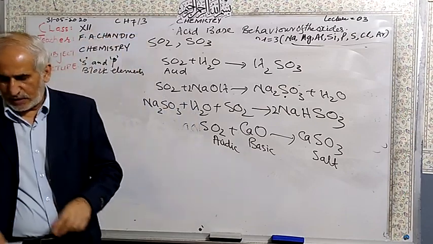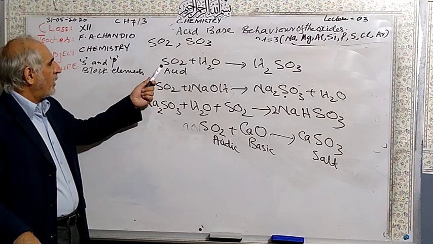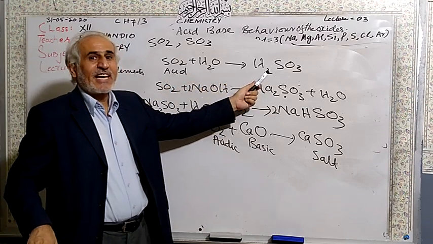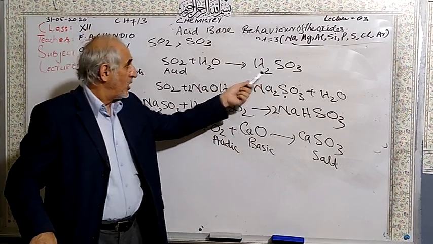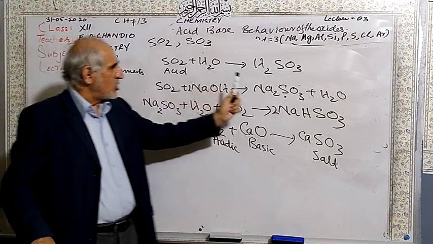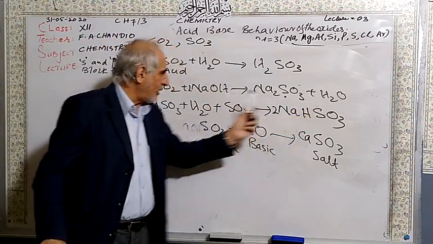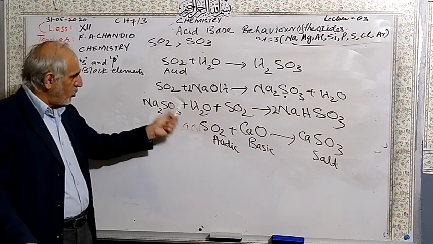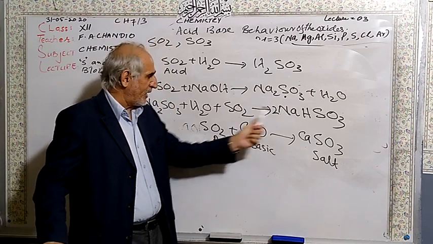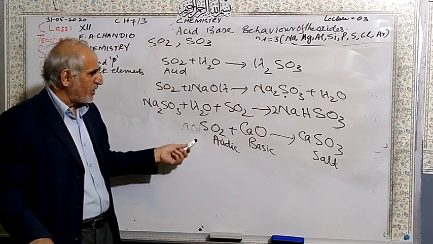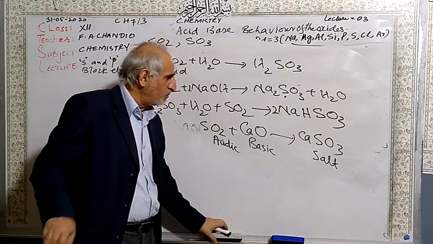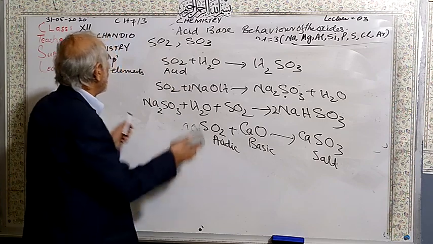Sulfur dioxide dissolved in water gives sulfurous acid, so the property is acidic. With alkali base, it gives sodium sulfide salt and water. This sodium sulfide salt dissolved in water, with sulfur dioxide gas passed, gives sodium bisulfide. For confirmation, sulfur dioxide reacts with basic calcium oxide to give a salt which is called calcium sulfite.